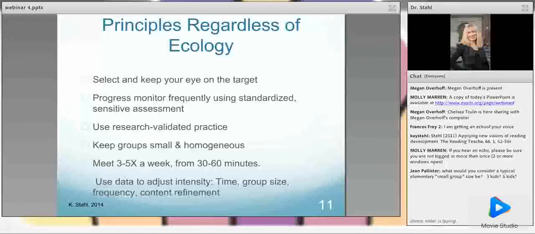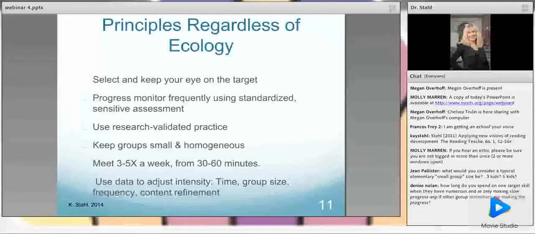And you're going to continue to use data to adjust intensity, and the ways we adjust are time, moving from a 30-minute block to a 45-minute block. Adjusting group size, moving from a group size of 6 to 8 to putting that child in a Tier 3 group, perhaps with just 3 children.